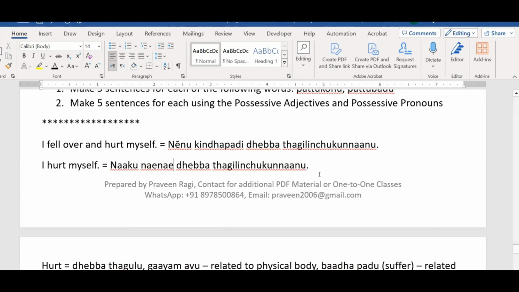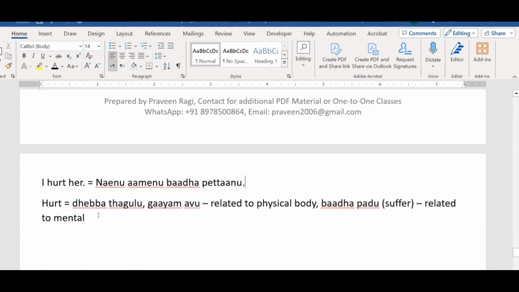Now let's see a different context. Without myself, it will be: I hurt him. So here we are talking about mental; most of the time we don't hurt physically, we do it mentally. We can say her, just for another person: నేను ఆమెను బాధ పెట్టాను. Here both బాధపడు and బాధపెట్టు are there.